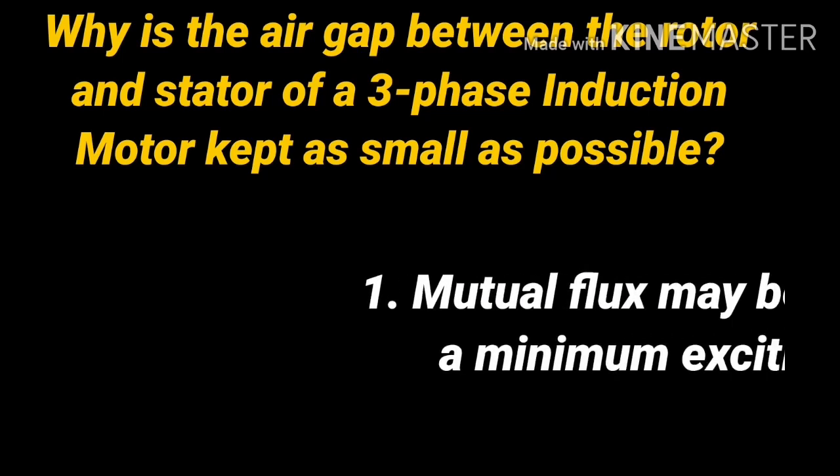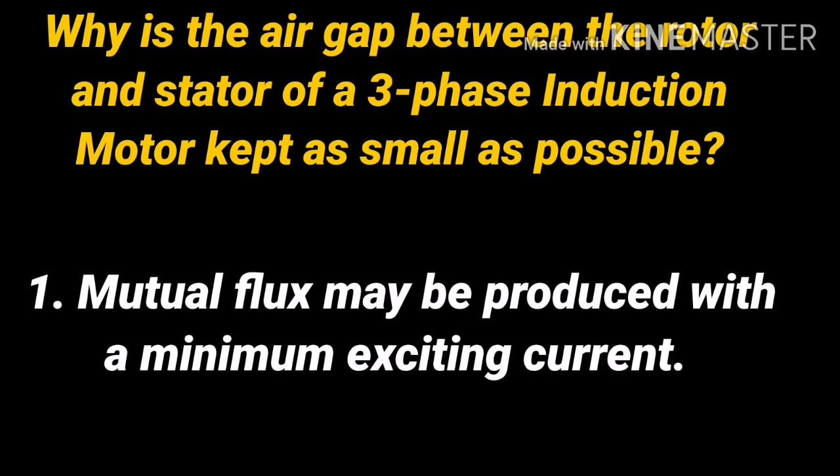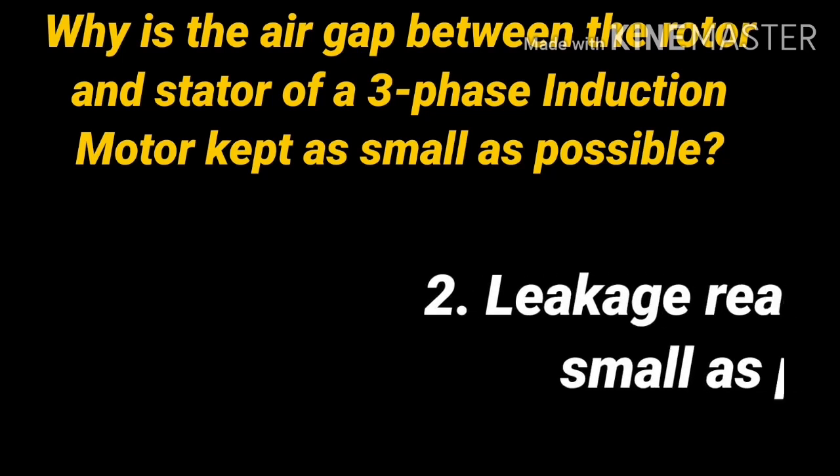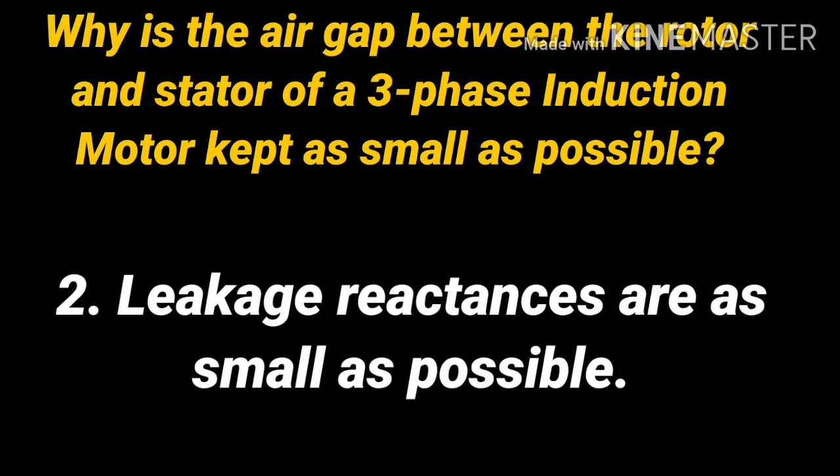Number one, mutual flux may be produced with a minimum exciting current. Second, leakage reactances are as small as possible.